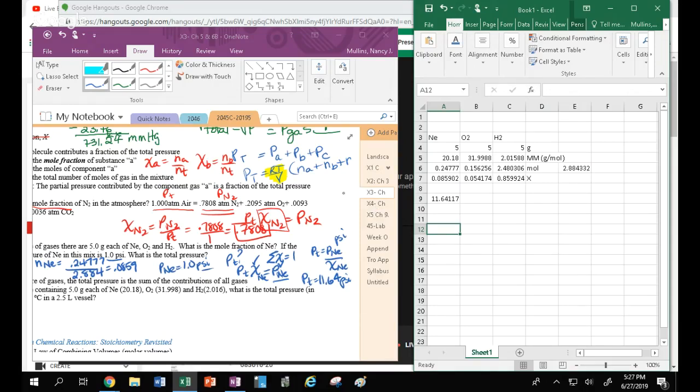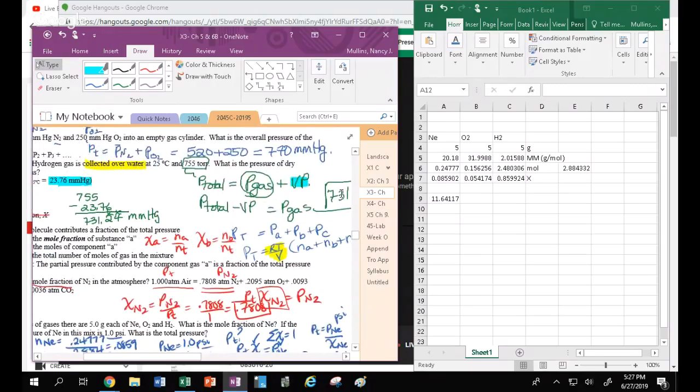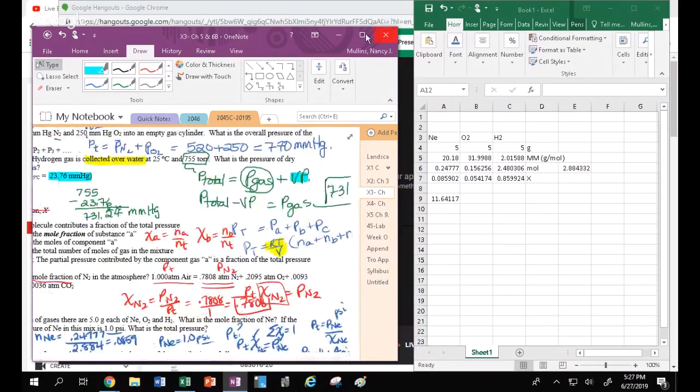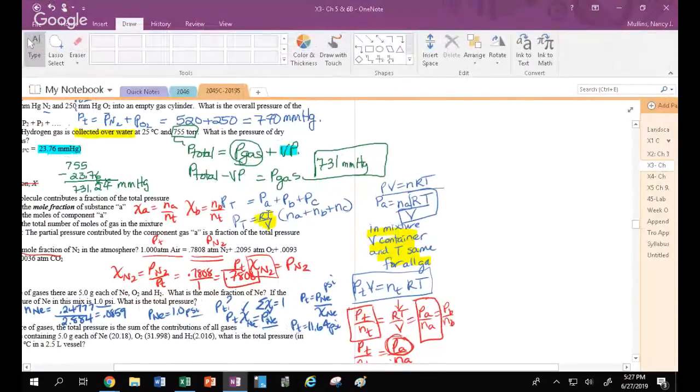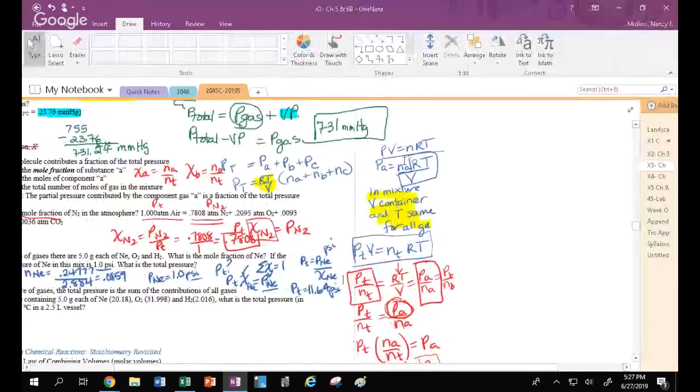Yes. And the reason that works is because, let me go back up here a little bit. If every gas in any mixture would have to equal its moles times RT over V, and my total is the sum of every gas that's in the mixture, right? If they're all in the same container, then the temperature and volume would be the same for all of the gases in the container.